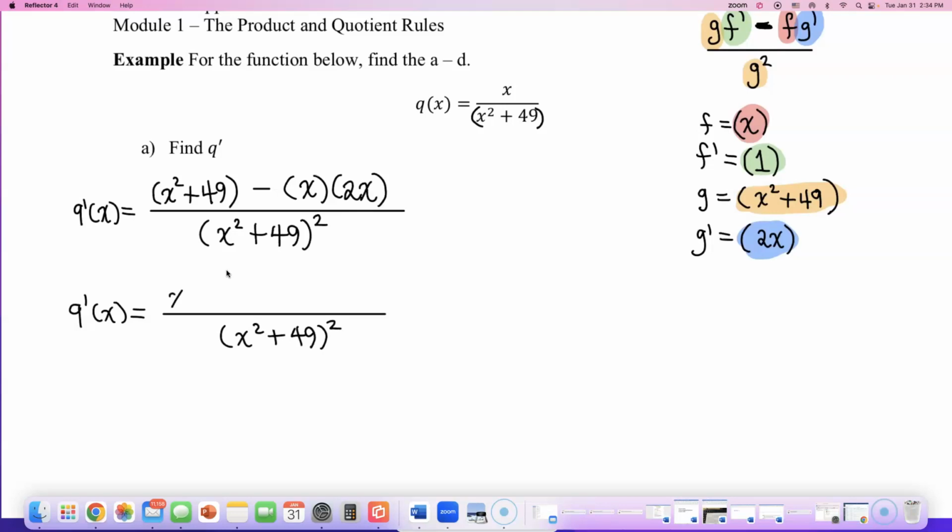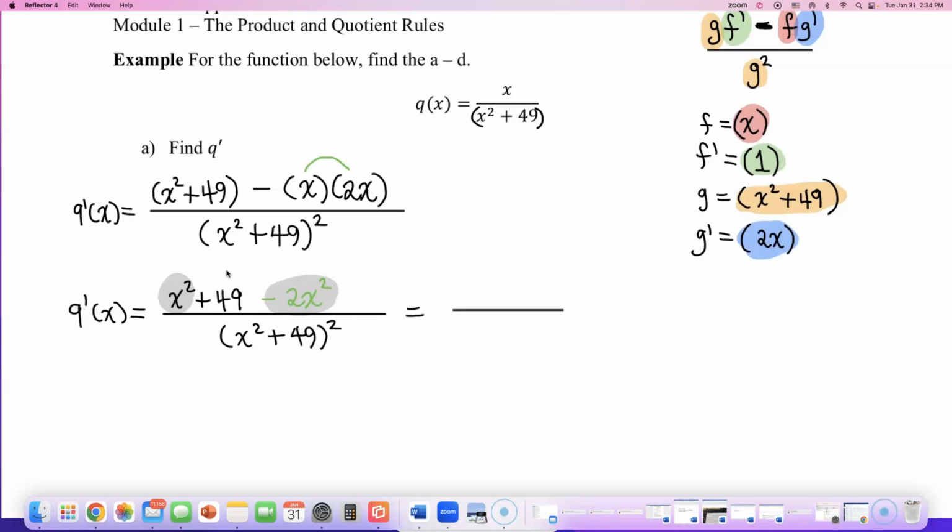I'll get x squared plus 49 out of the parentheses. But if I multiply x times 2x, that's going to give me 2x squared. And I have like terms now. I can do 1x squared minus 2x squared, and that's going to give me negative x squared.